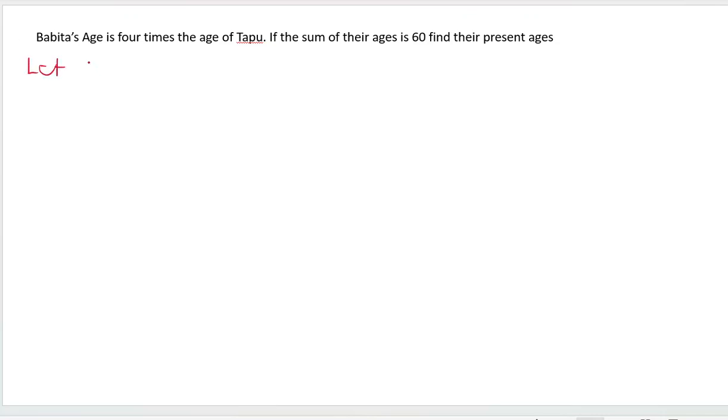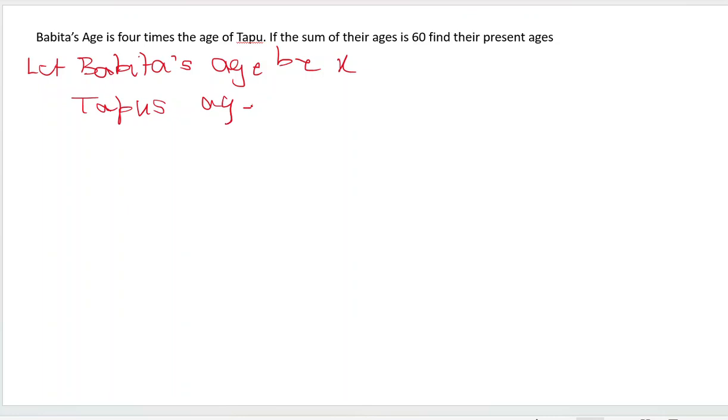Let Babita's age be X and Tappo's age be Y. Since there is no mention of what will happen in 4 years in the future or 4 years before, we directly attack the problem.